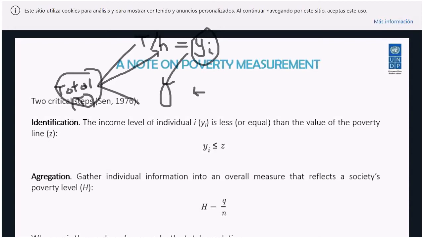And you have men and women, and you have elderly population and children. So, depending on who they are, whether they are adults, whether they are children, whether they are men or women, and whether they are working or not, they will have different requirements, different needs of income, right?